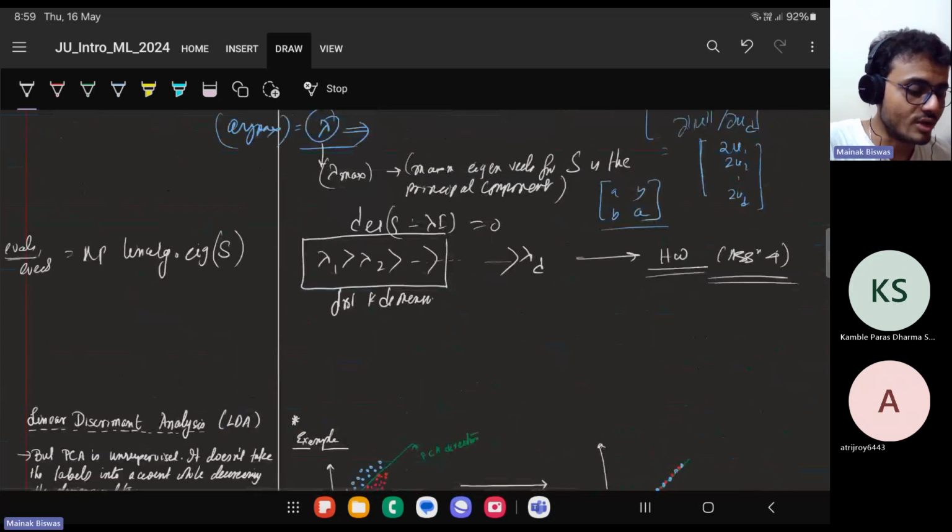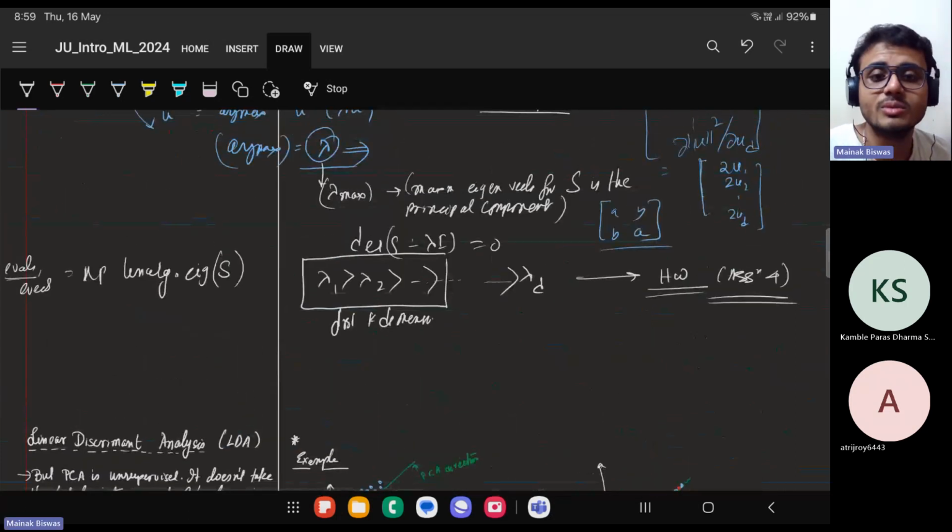So first k of the eigenvalues you will be selecting, the first k eigenvectors. I started with one eigenvector and I got k of them because this eigenvector equation told me that the eigenvectors are the optimal solution to this problem. Correct?